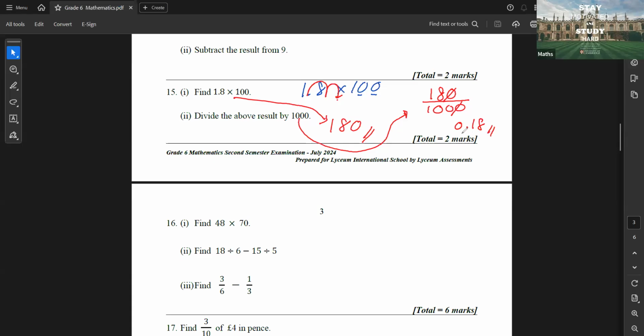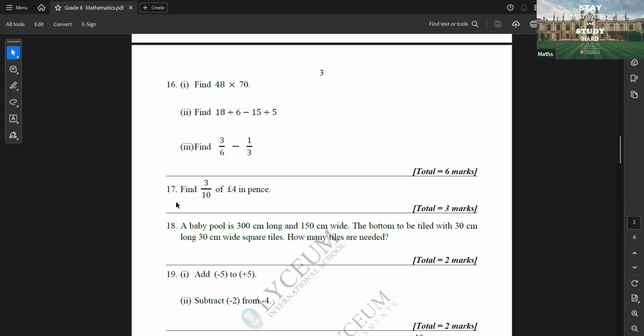Moving on. Question number 60. 48 times 70. So you multiply 48 by 7. 8 times 7 is 56, write 6 and carry 5.